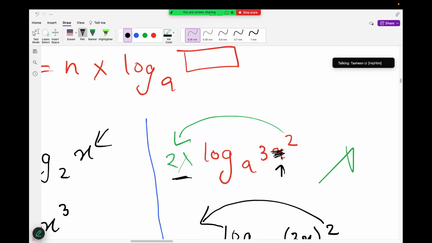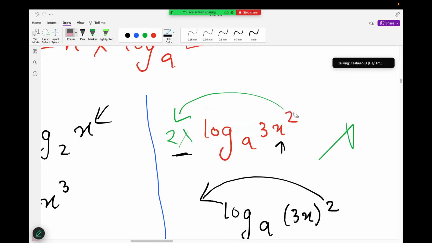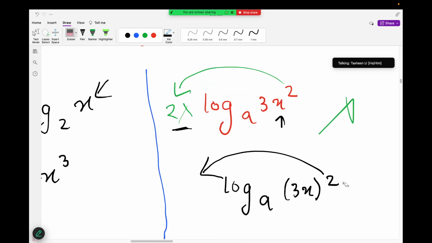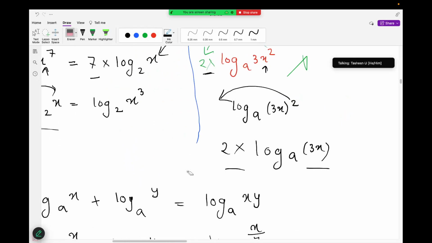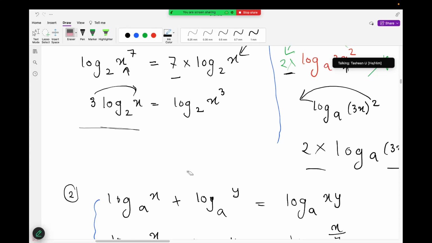This is the mistake. If it is 3x squared, you cannot bring this 2 here. Why? Because this square is not entirely on the argument. If it is 3x whole squared, then only you can do this. This is the power rule for logarithm.